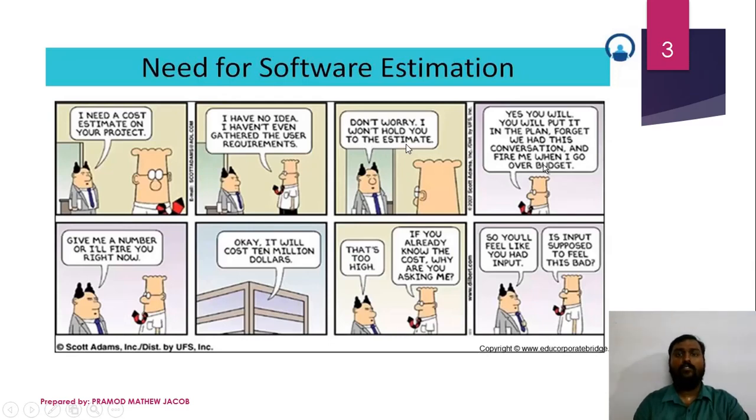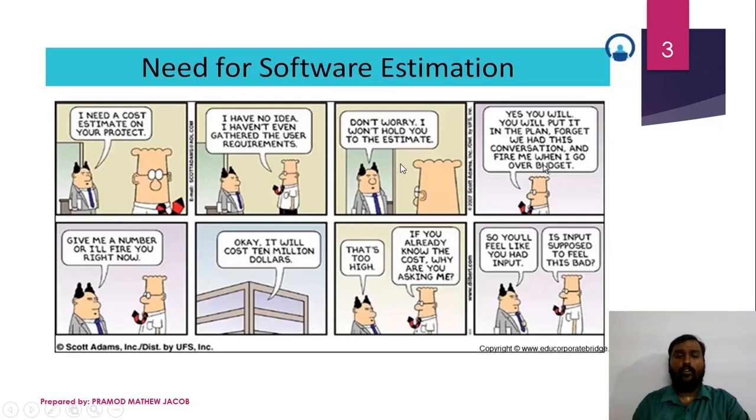accurate estimate. Because the estimate is not accurate, sometimes in real time the actual budget will go beyond the scheduled budget, and definitely the project manager will fire the system analyst who estimated this cost. So that is one of the main issues in the software industry.